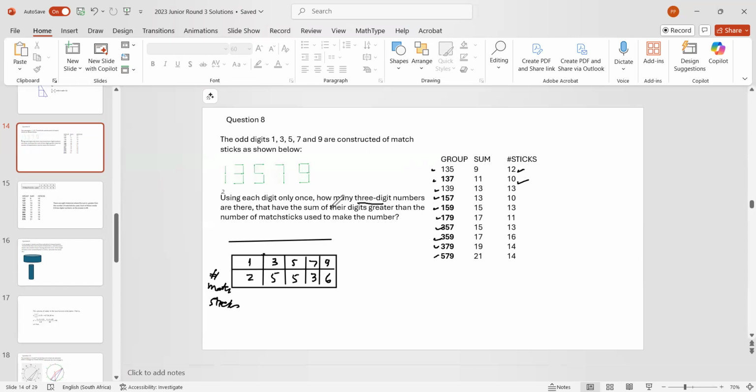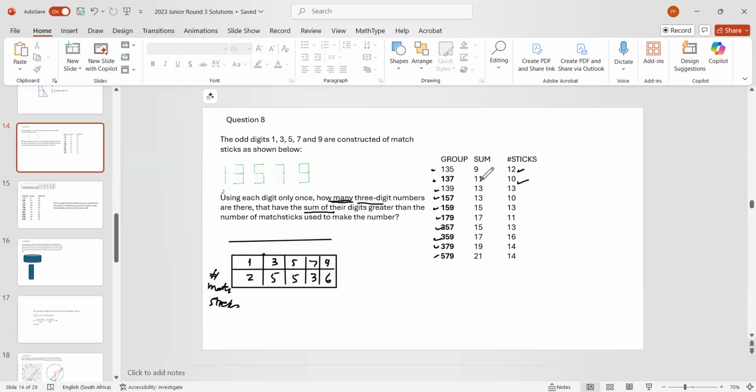And the question is, using each of these, how many of these numbers have the sum of the digits greater than the number of matchsticks used? So the sum must be greater.